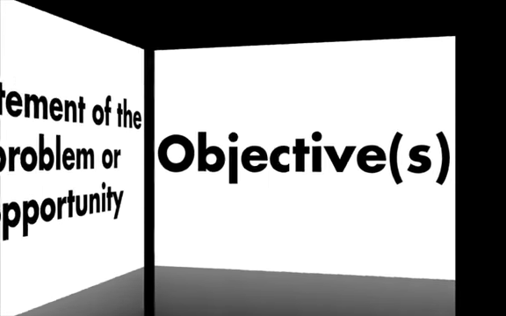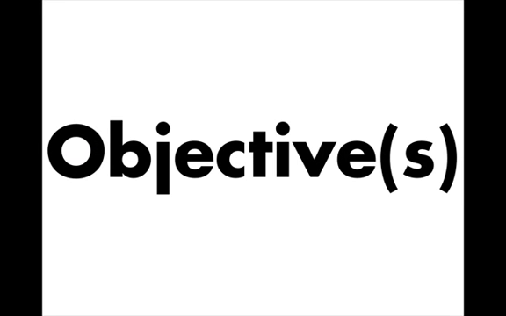Having established the problem or opportunity, you move to the objectives. The objectives really details your solution to the problem or shows how you'd like to address the opportunity. It answers the question, what does the solved problem look like? And you should be as specific as you can in this section. You should provide metrics.